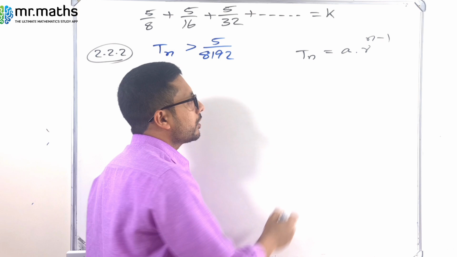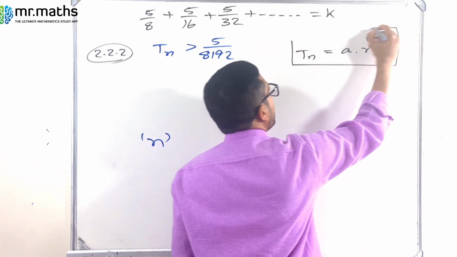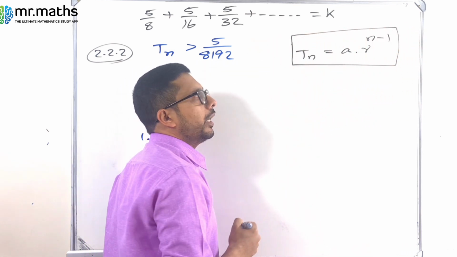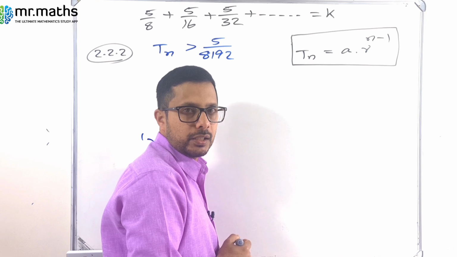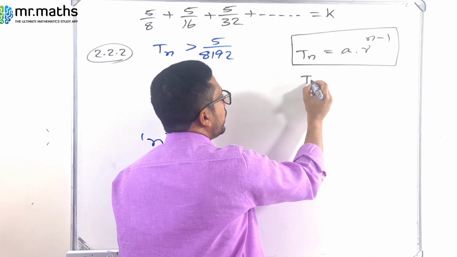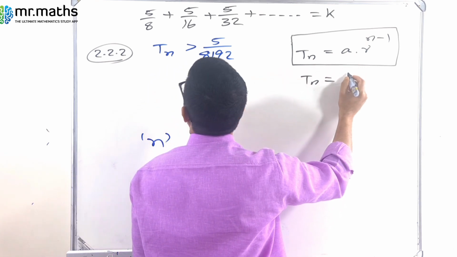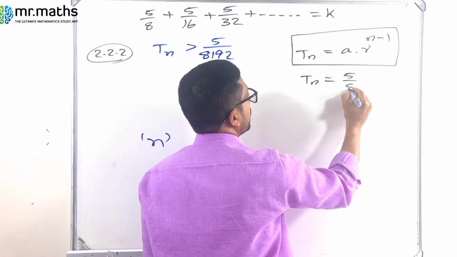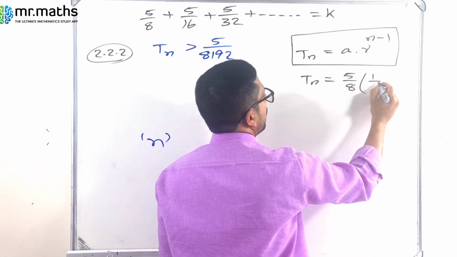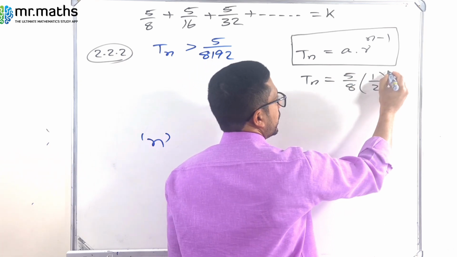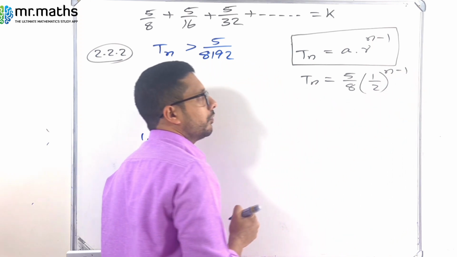This is the formula that we studied in small classes to find the nth term of a geometric series. So substitute: Tn is equal to, what is the first term? 5 over 8, into r, which in the previous question we got as half, raised to n minus 1.